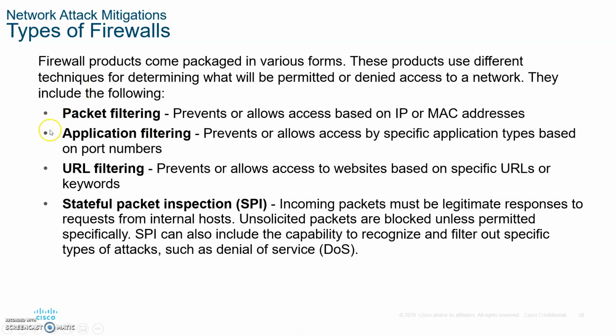You can deny them using URL filtering or a stateful packet inspection firewall. Stateful is the most common and the best way to go. Please write this down: a stateful firewall allows incoming packets only if the connection was initiated from the inside.